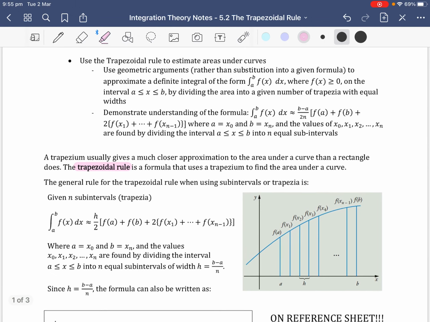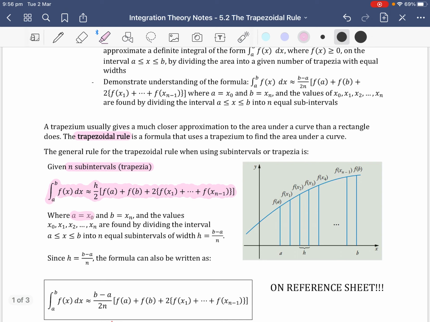So the general rule for the trapezoidal rule when using subintervals or trapezia, which are our strips of area, is: given that we have n subintervals, the integral of a to b of f(x) dx is approximately h on 2 of the function at a plus the function at b plus 2 lots of the function at x1 plus all the way up to the function at x n minus 1.